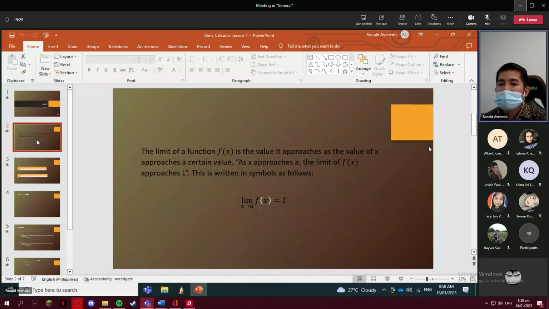As x approaches a, the limit of f of x approaches L. So in symbol, you have here the limit of f of x as x approaches a is equal to L. So we have here a function, the limit of that as given the value of x where it approaches, then the value of the limit could also be itong L dito sa right side, hindi din siya dapat tatama sa value na yan. Okay. Magkakaroon tayo ng idea later if we have the example.